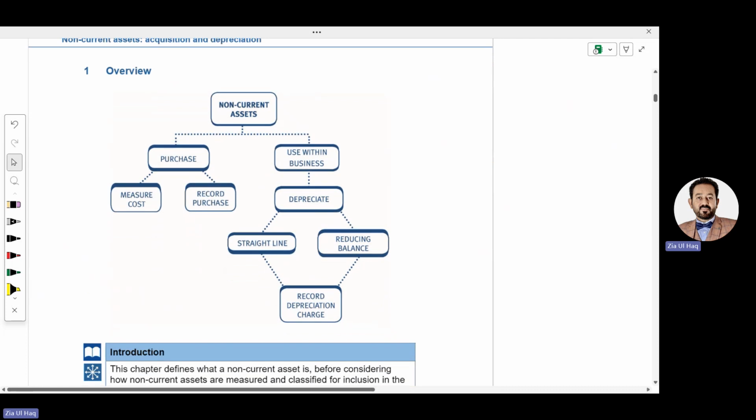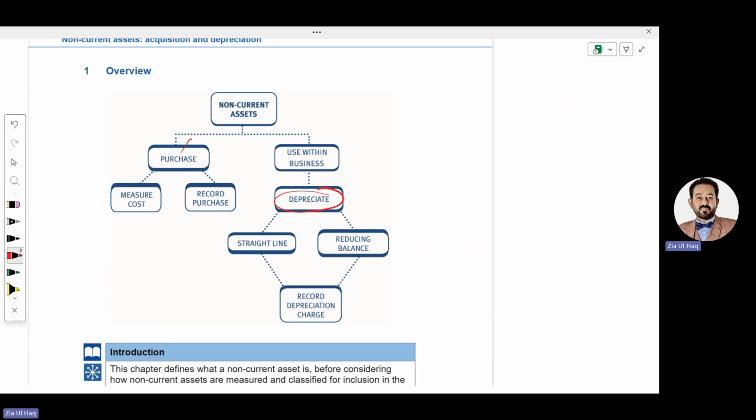So non-current assets, whether we purchase them, are measured at cost, recorded as purchases, and capitalized. We use the asset within the business. If we are using the asset in the business, we need to record depreciation of the asset as well.